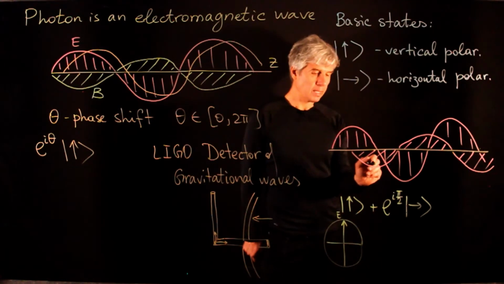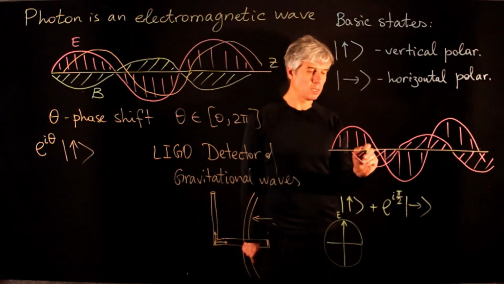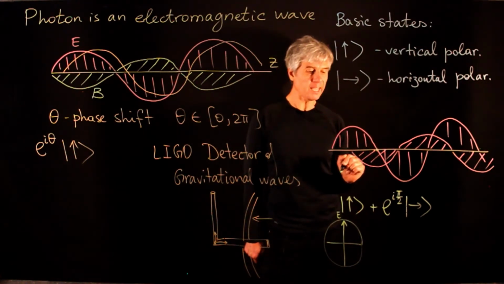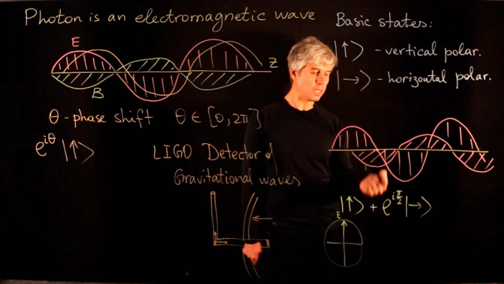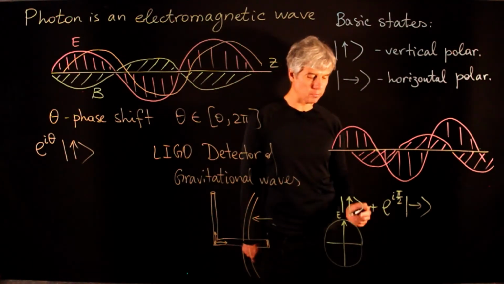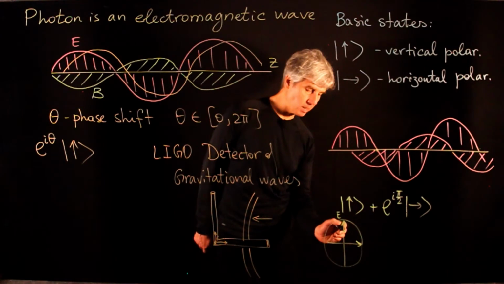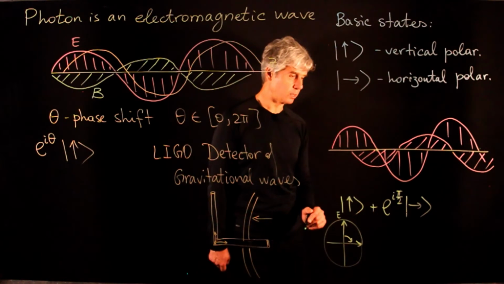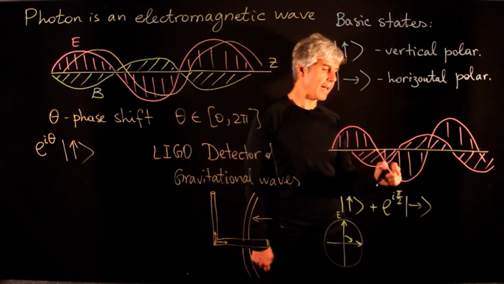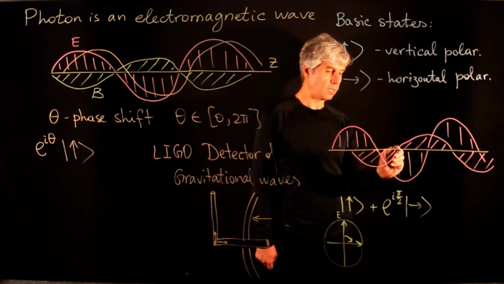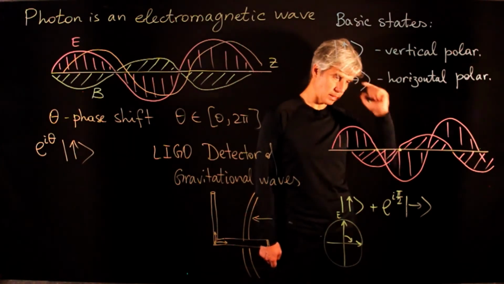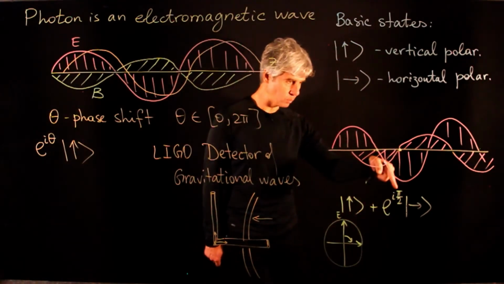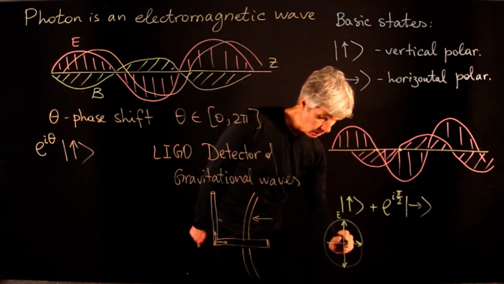But then when we move to this point here, the vertical component of the electric field vanishes, but we create a horizontal component of the electric field. So what we see is that the direction of the electric field has rotated from vertical to horizontal. And then it rotates back again. At this point here, the horizontal component of the electric field will vanish, but we will get a vertical component which goes down.